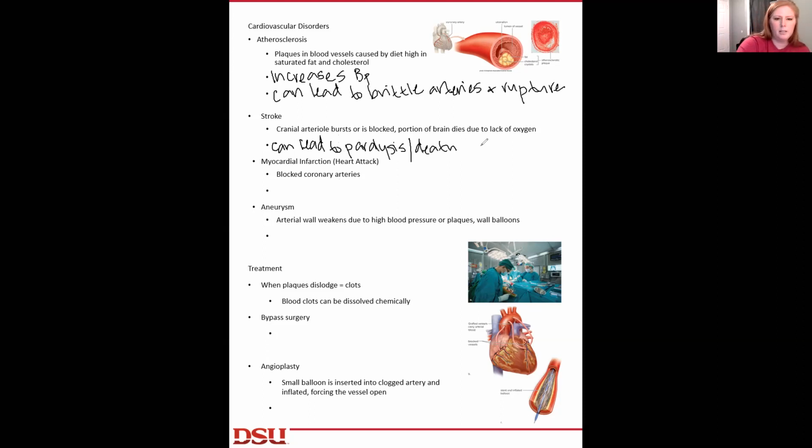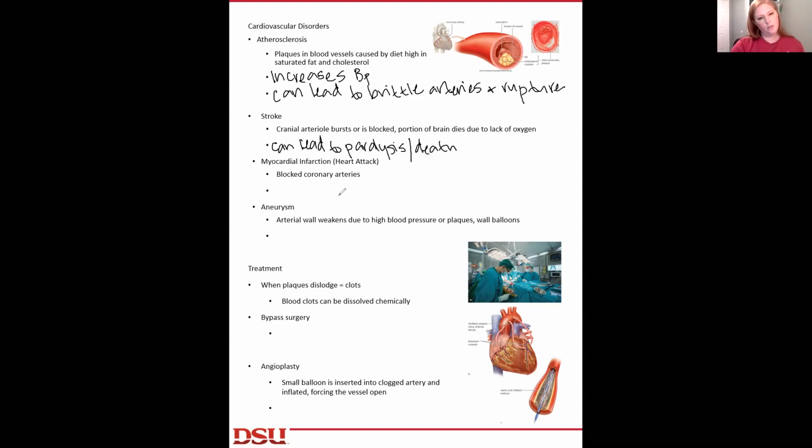So it can lead to paralysis or death. This does depend on how bad it is, where it is, and how long it is left without being resolved.